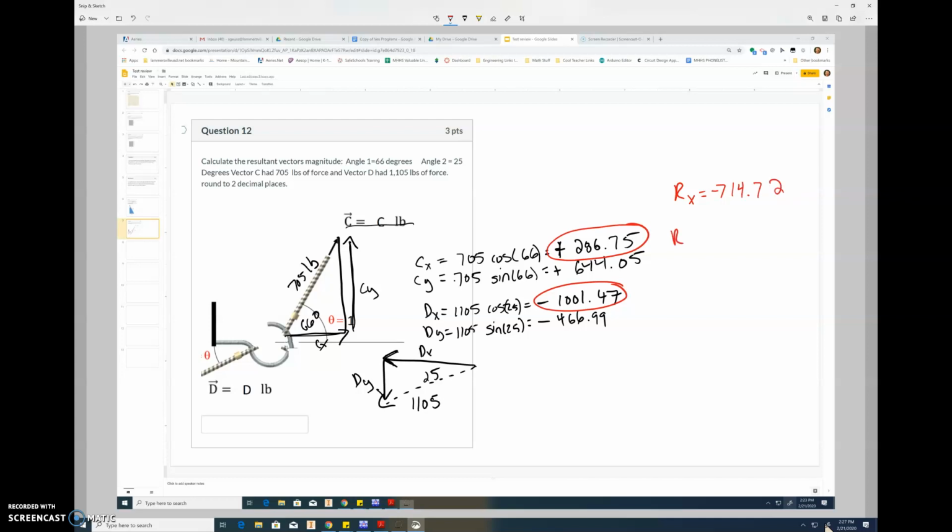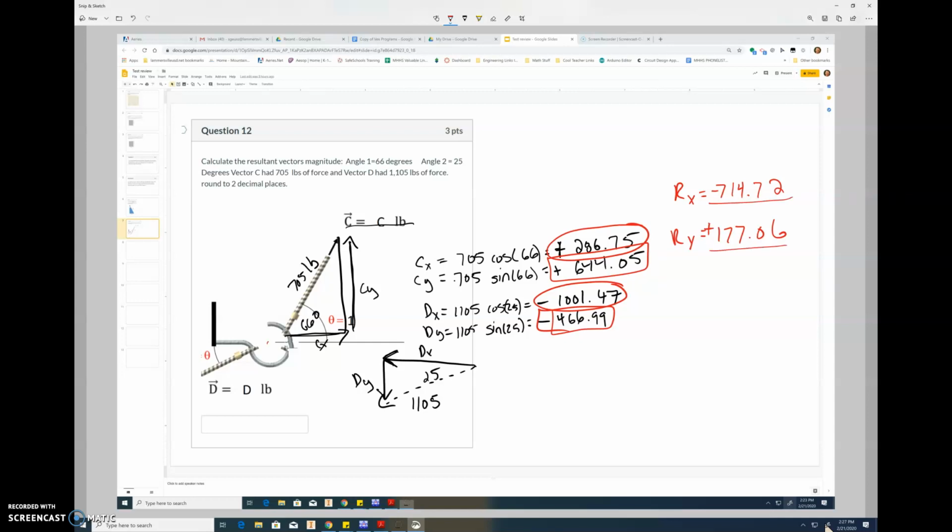The resultant vector in the y direction is going to be these summed up: 644.05 minus 466.99, and we get 177.06.